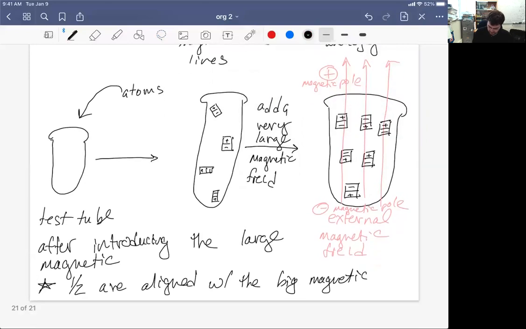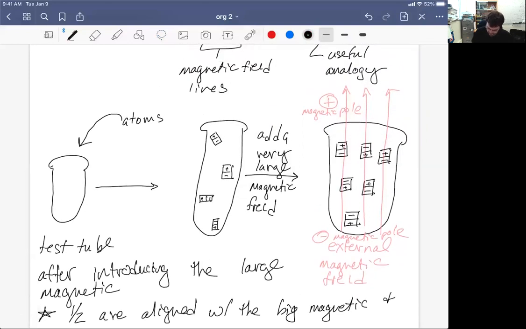I'm running out of space. And 1/2 are opposing the big magnet. So 1/2 are aligned with and 1/2 are aligned against.